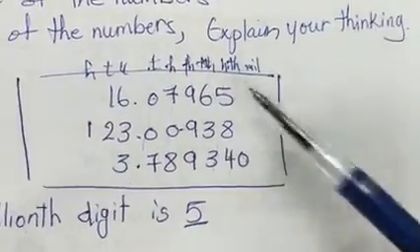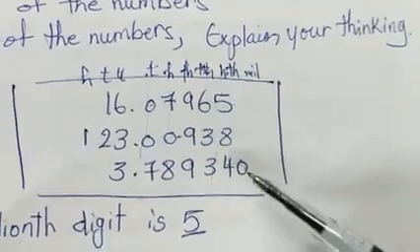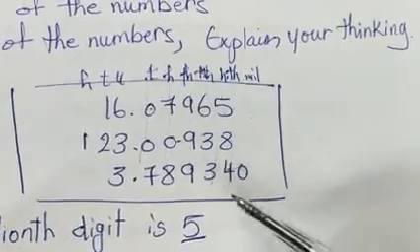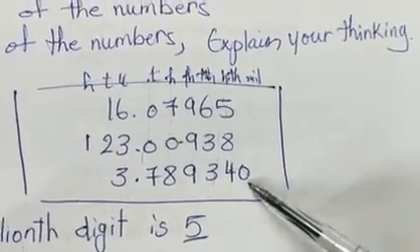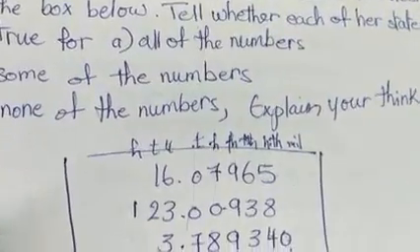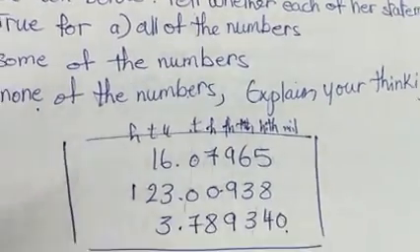So my millionth digit is 5, and I'm aligning my numbers. Of the 3 numbers, only one number has a place value in the millionth place, which is 0. So I will choose none of the numbers.